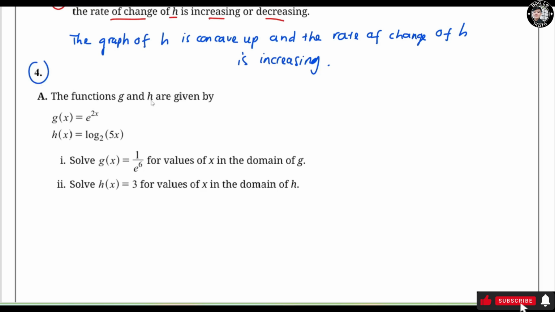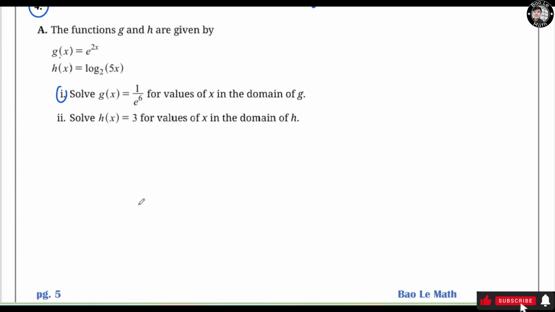Question 4. The functions g and h are given by g of s equals e to the 2s and h of s equals log base 2 of 5s. Question i. Solve g of s equals 1 over e to the 6 for the value of s in the domain of g. So we have e to the 2s is 1 over e to the 6, right?